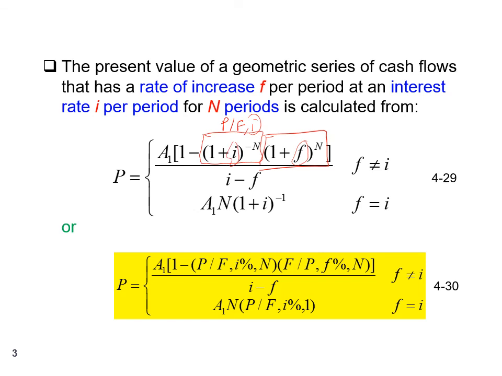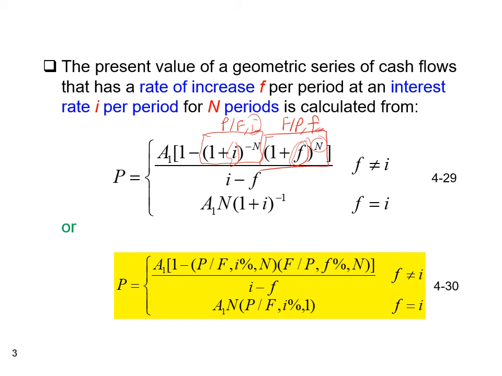So this second one, if you see this to the power is positive now, it is like F given P this time. We are finding a future value given a present worth, but this time instead of the interest rate, we are using the growth rate, the increase rate of the cash flows.